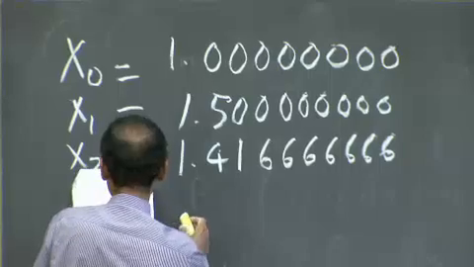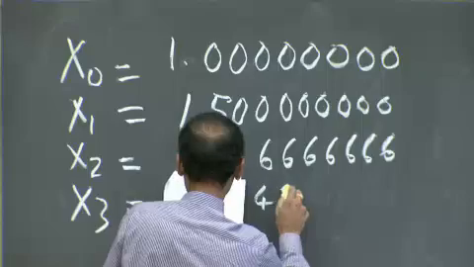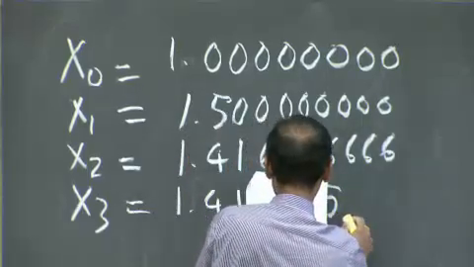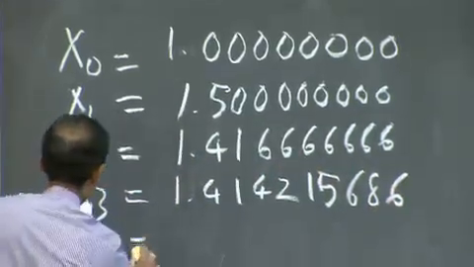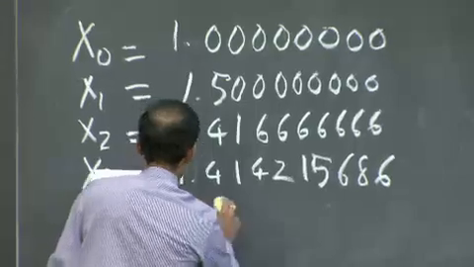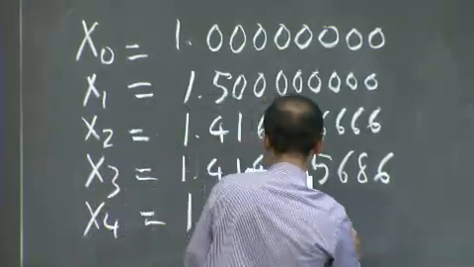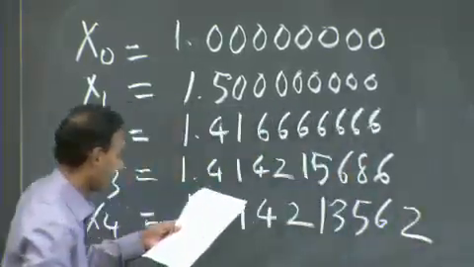And you keep going, and you get x2 equals 1.4142 15686. And I want to write one more because I want to point out something important. 1.4142 13562.